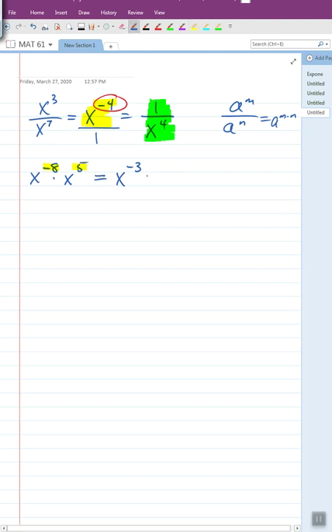Okay, what's the actual answer I want to write? Yep, just flip that thing to the bottom and switch that negative 3 to a positive 3. So far, so good?